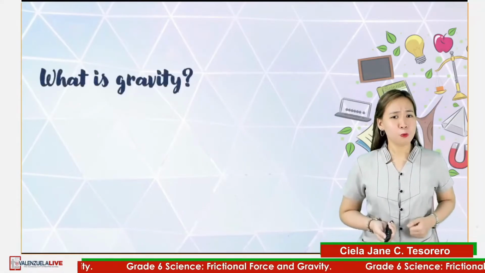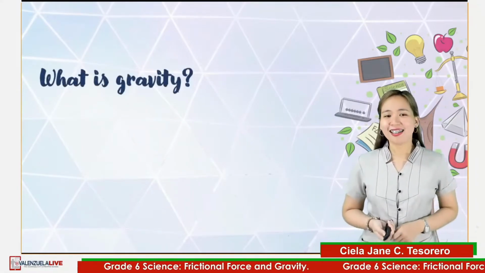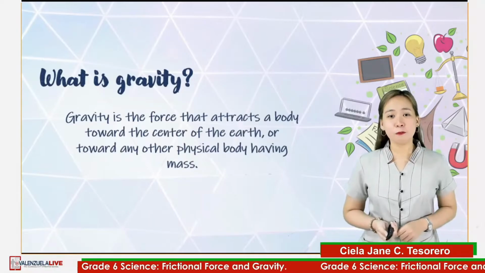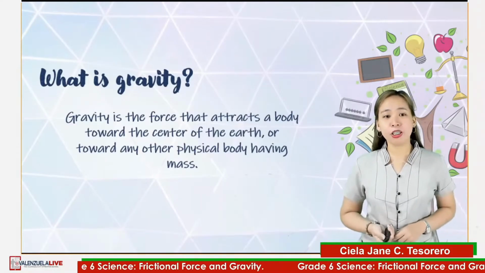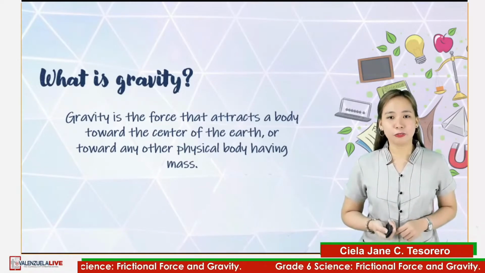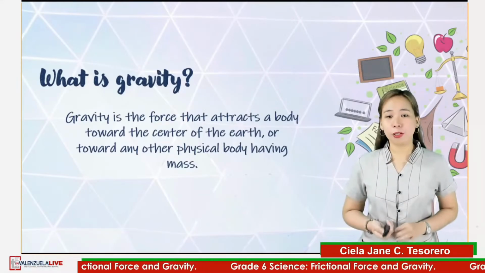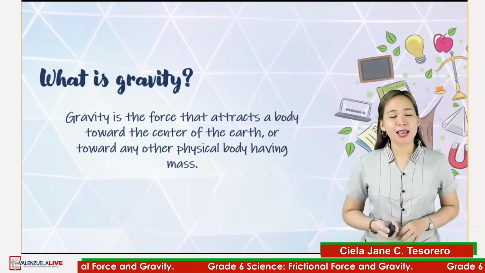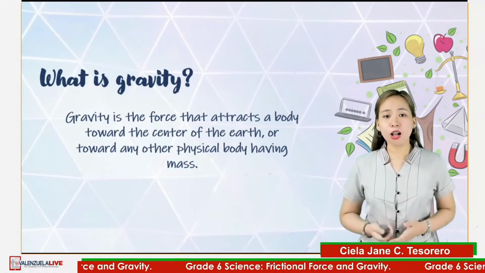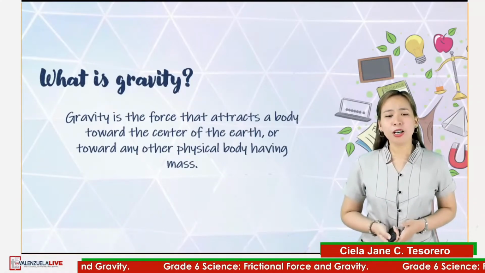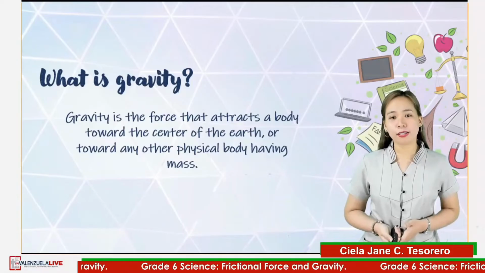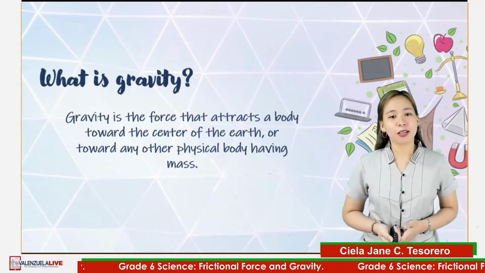So, what is gravity? Gravity is the force that attracts a body toward the center of the earth, or toward any other physical body having mass. Since almost all objects have mass, we are all attracted towards the center of the earth.